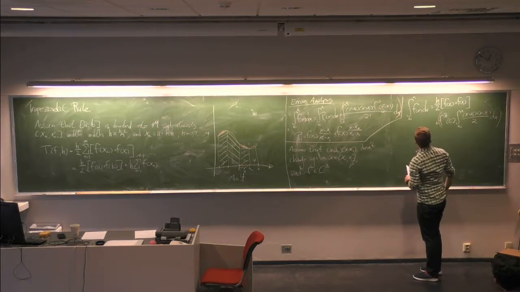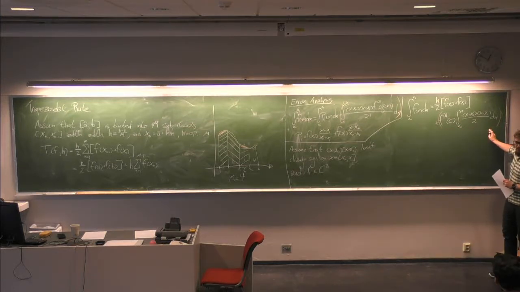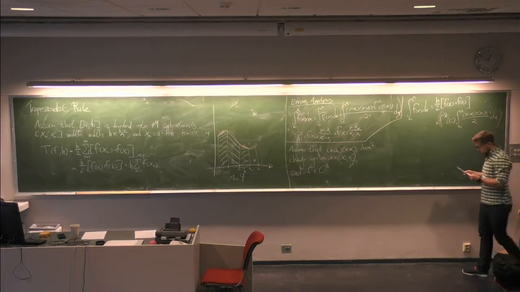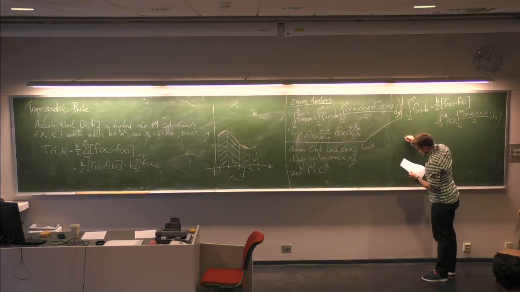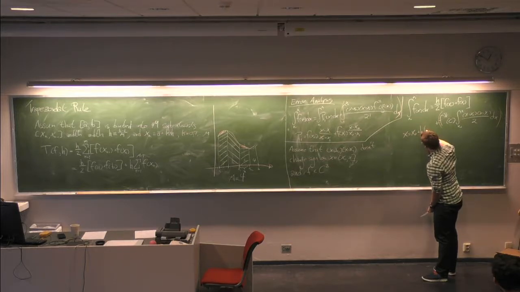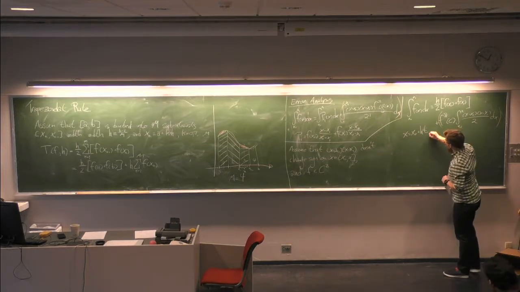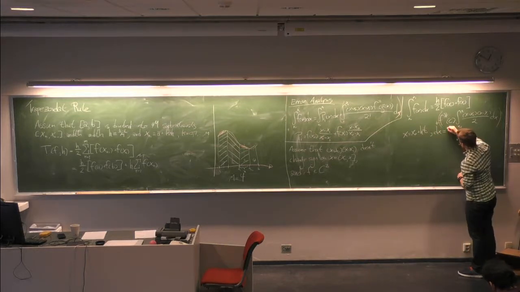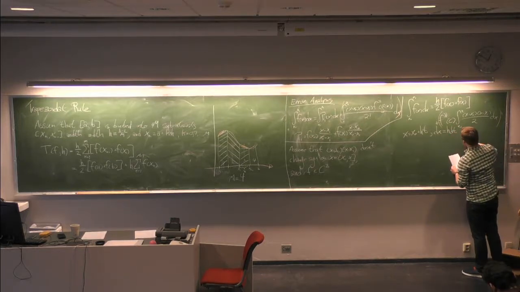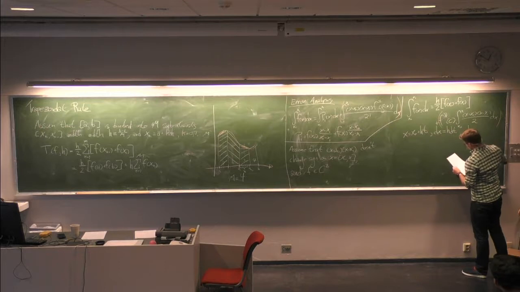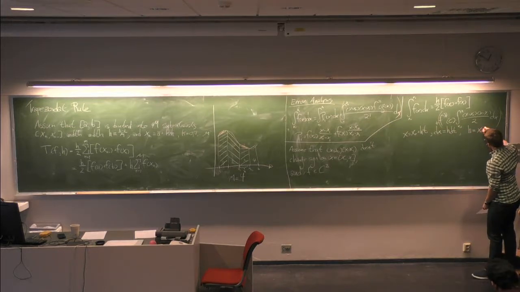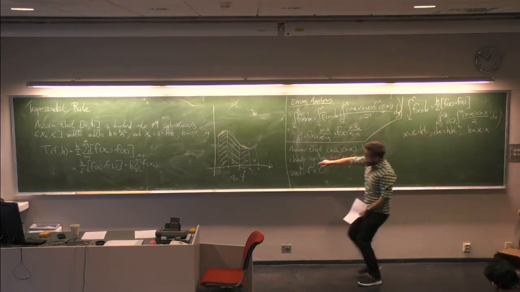Okay. So next we can do a change of variables, and then we can try to integrate this. So we say that x equals x0 plus ht, which says that dx equals h dt, and where h is the same as down here.